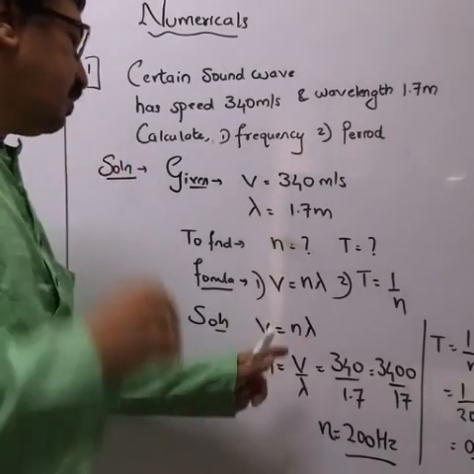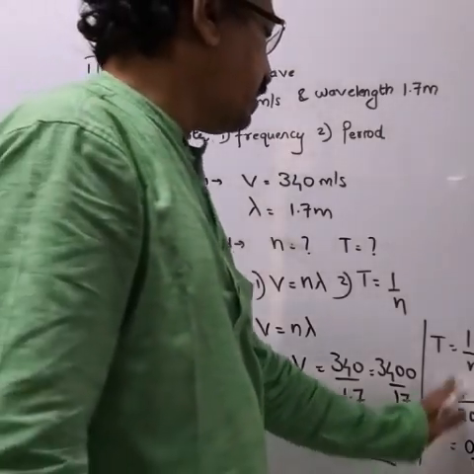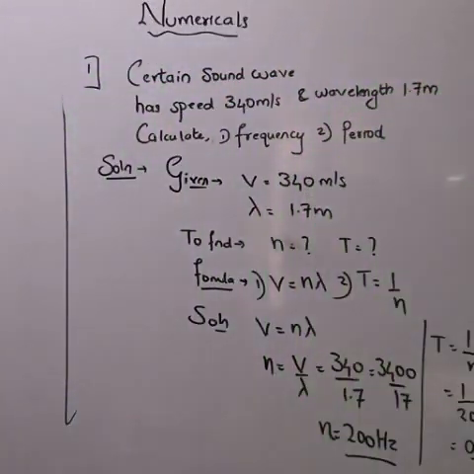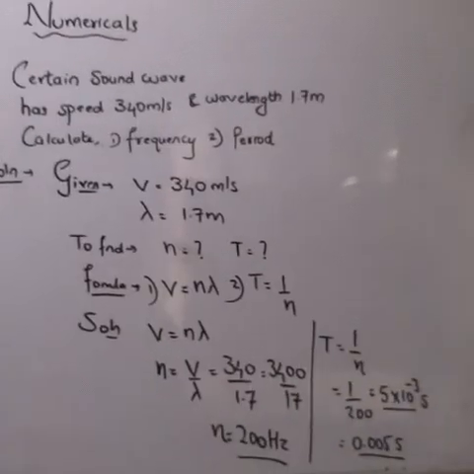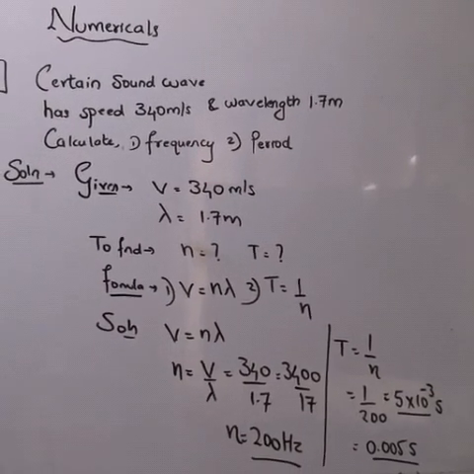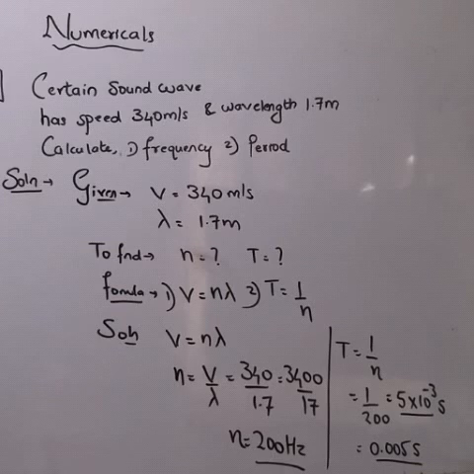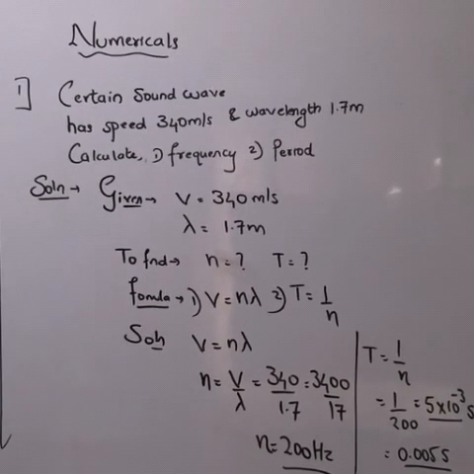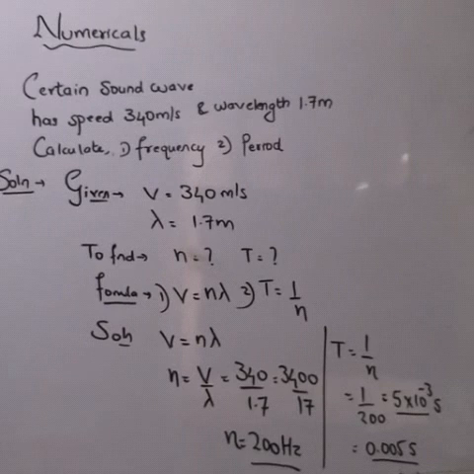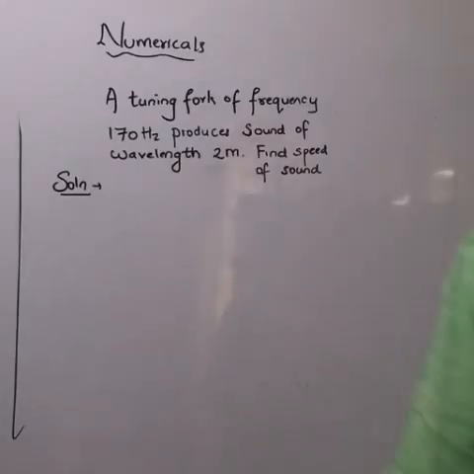So this is the answer. N is the frequency, 200 hertz, and time period is 0.005 seconds. Is it clear? How we calculate T and how we calculate n.